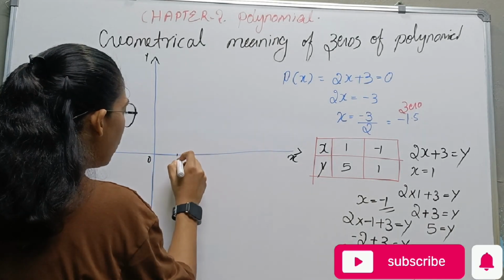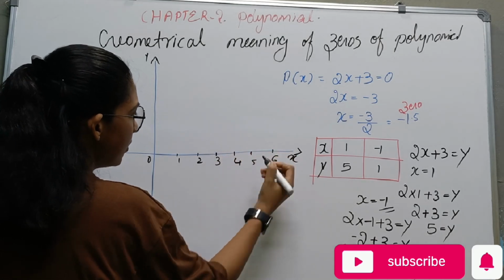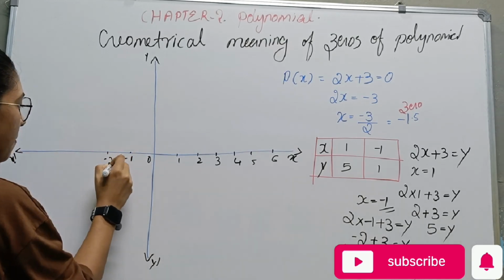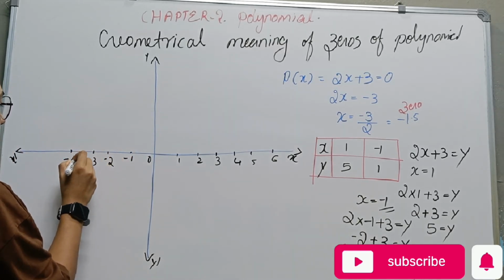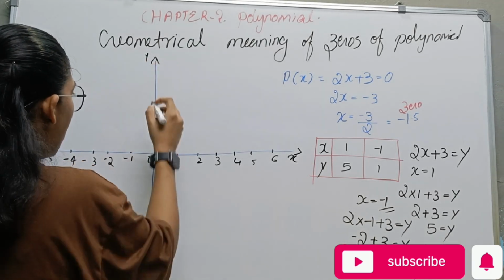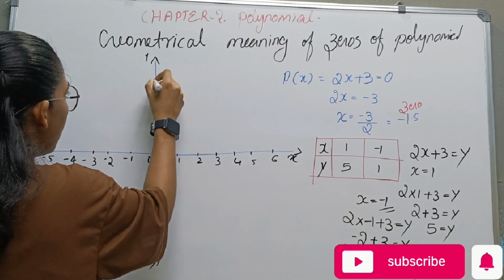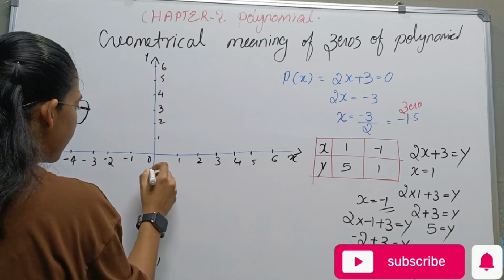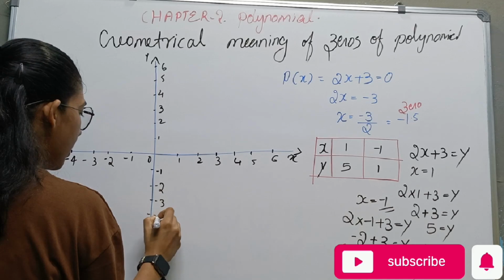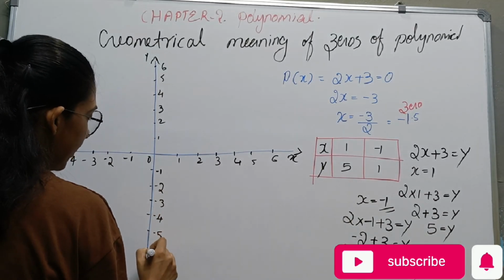Now 1, 2, 3, 4, 5, 6 on the positive side, and minus 1, minus 2, minus 3, minus 4, minus 5, minus 6 on the negative side. Below the origin it is minus 1, minus 2, minus 3, minus 4, minus 5, finally minus 6.